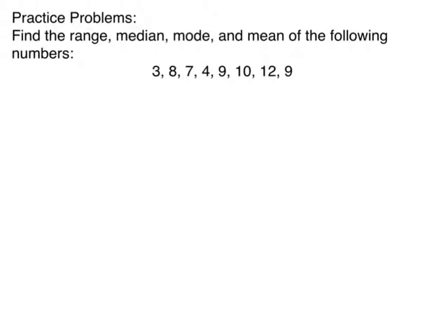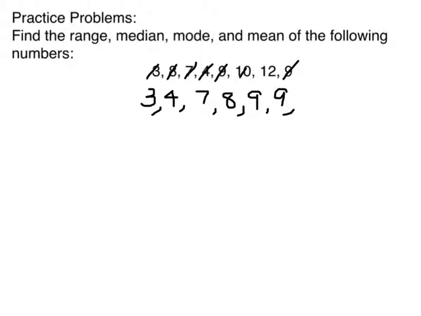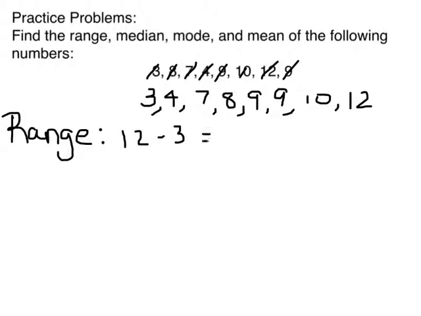All right, so going least to greatest, I'm going to have 3, 4, 7, 8, 9, 9, 10, and 12. Alright, so for range, I'm going to say 12 minus 3 equals 9.